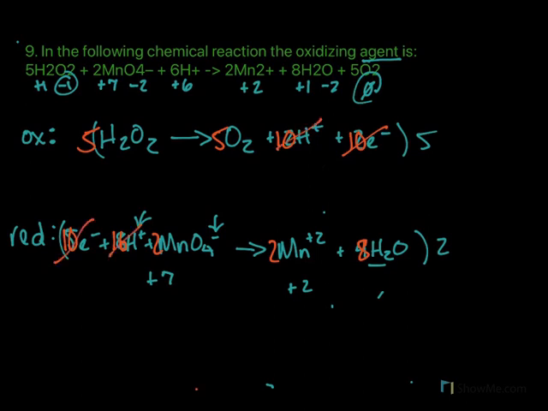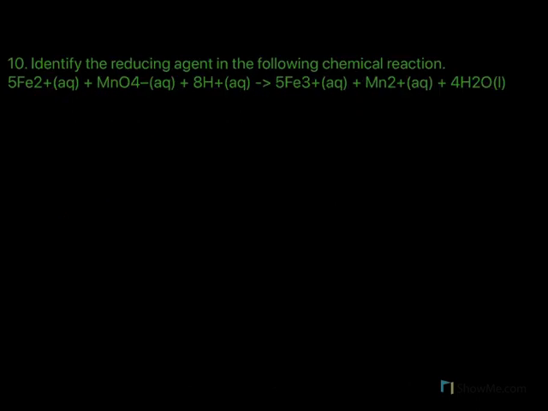So here we've got 10 hydrogens, that means we can take this down to 6. And that leaves us with this balanced reaction. So in that way we can check ourselves and make sure that we were indeed right in identifying the oxidizing agent, which is permanganate.